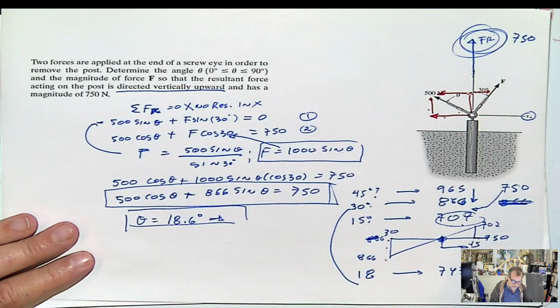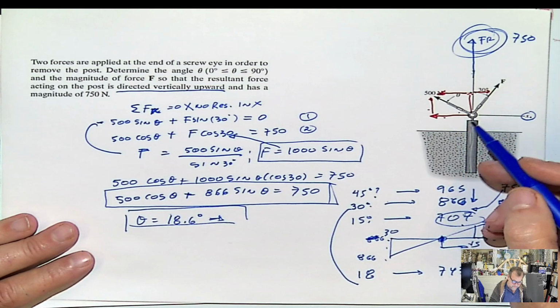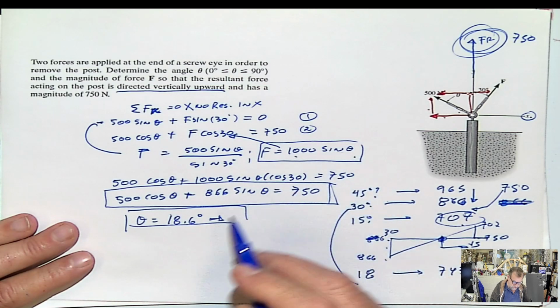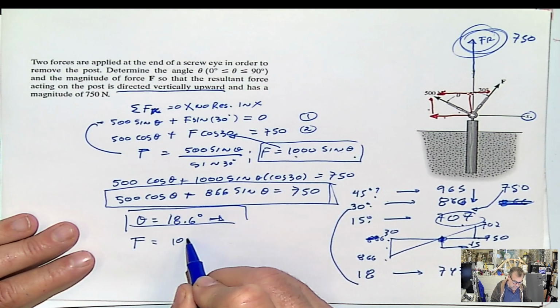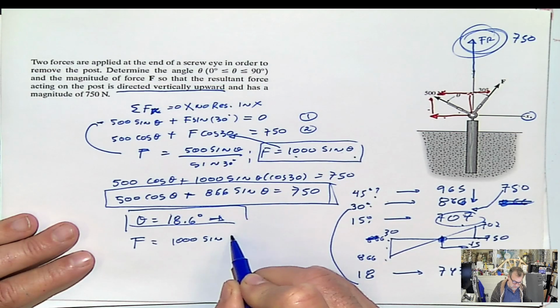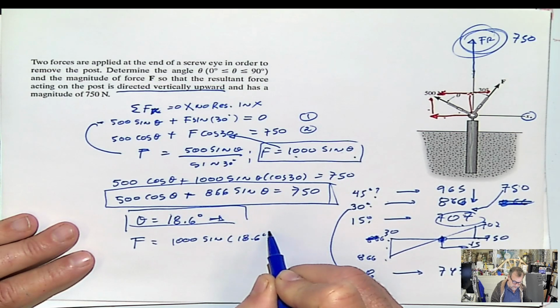Now, what is the other thing that we have to calculate? F. Well, F is just this: 1000 sine of 18.6 degrees.